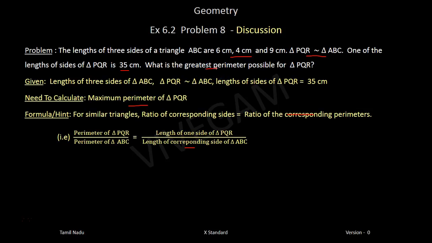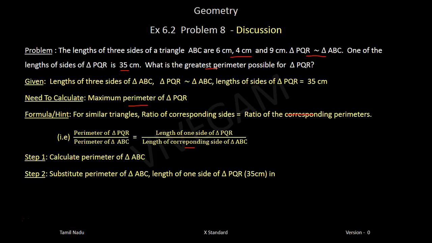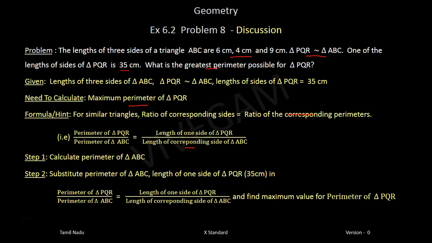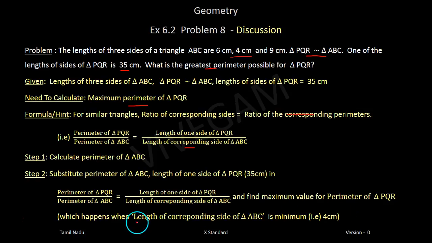You got it? So let's write the steps. Step 1. Calculate the perimeter of triangle ABC. Substitute the perimeter of triangle ABC and the length of one side of PQR, that is 35 centimeter, in this formula, and find the maximum value of the perimeter of triangle PQR, which happens when the length of the corresponding side of triangle ABC is minimum, that is 4 centimeter.